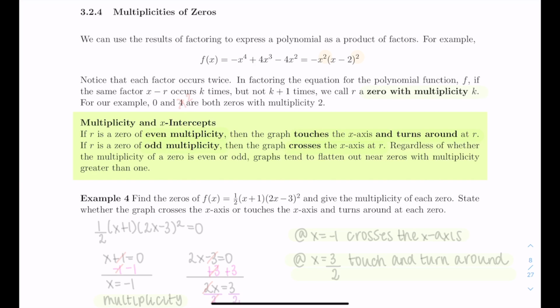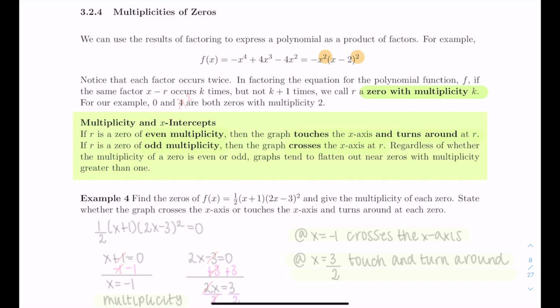Now notice that each factor occurs twice. The x occurs twice, and the x minus 2 occurs twice. So in factoring the equation for the polynomial function f, if the same factor x minus r occurs k times, but not k plus 1 times, we call r a zero with multiplicity k.